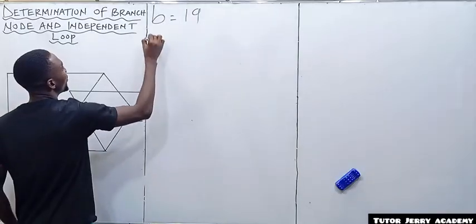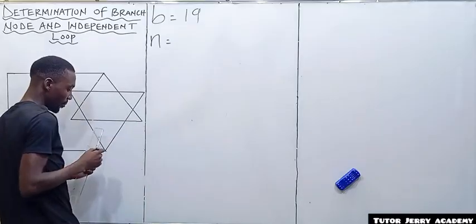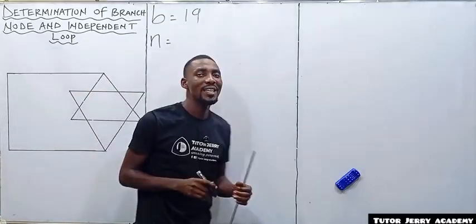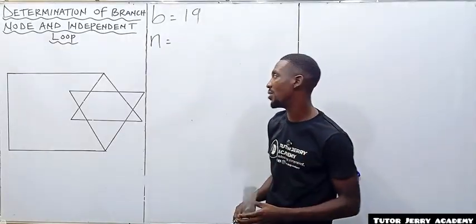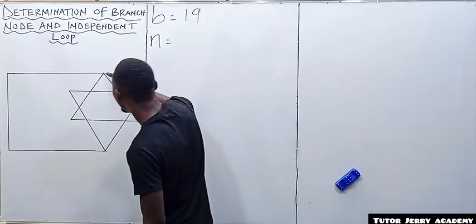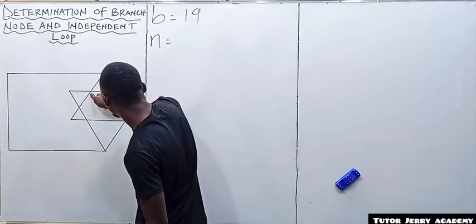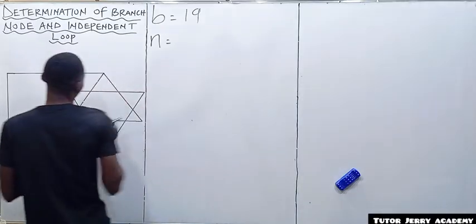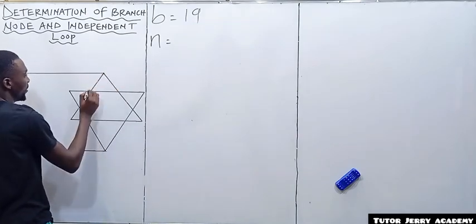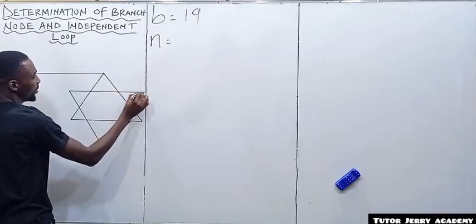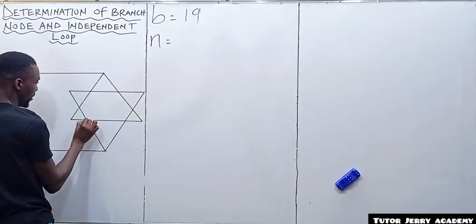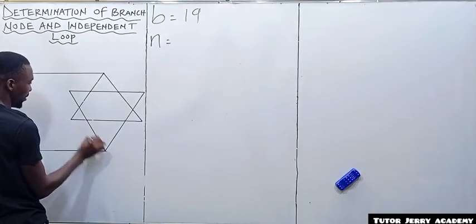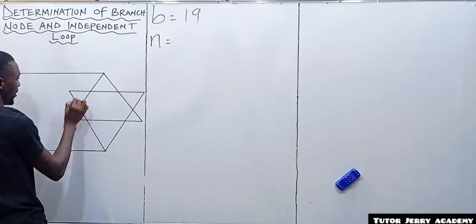All right, so for the node now, we said a node is a connection point between two or more branches. So each of these points here will be our node. This point, this point, this point, here, here, and here.